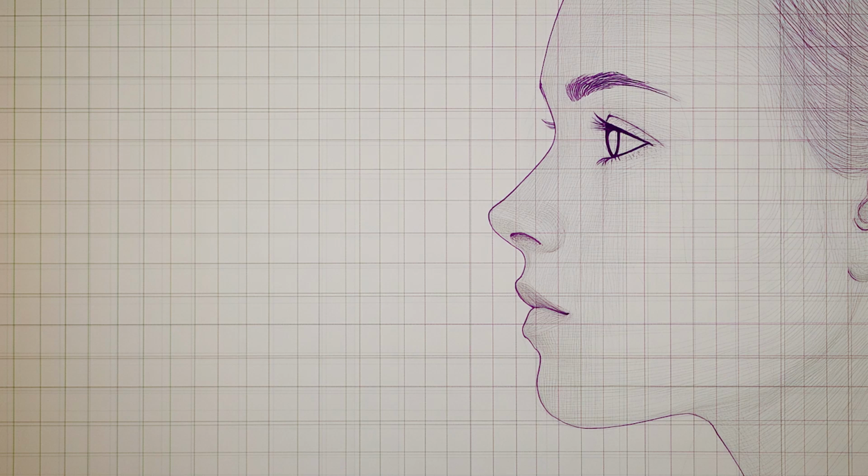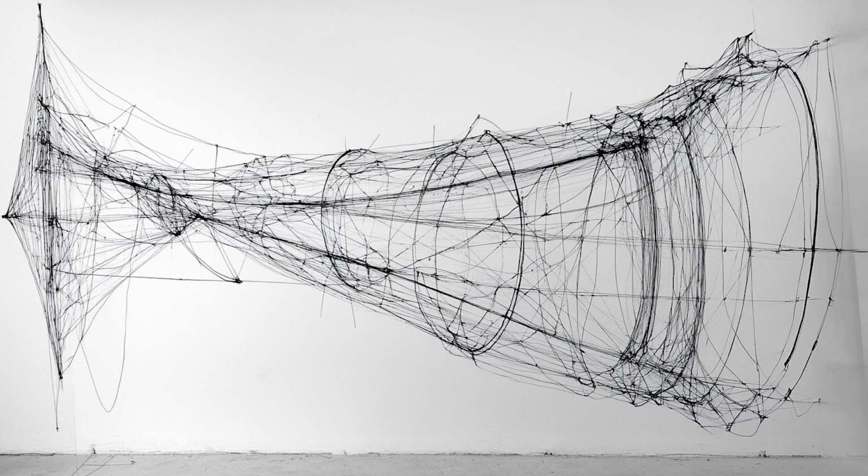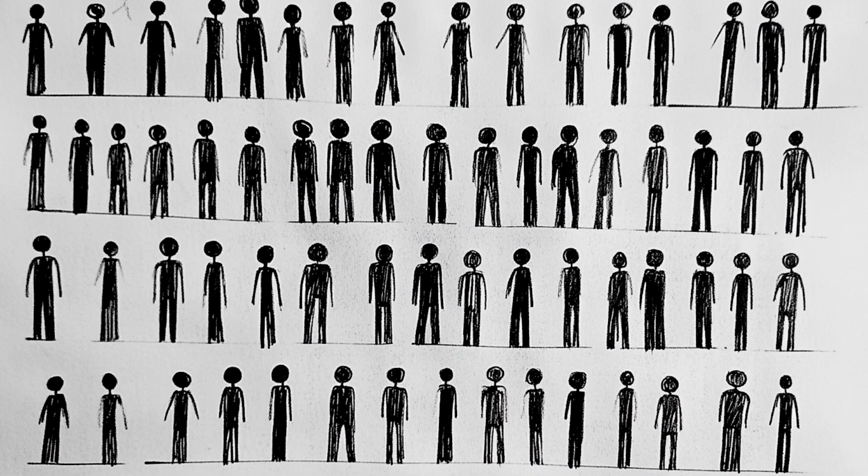The role of line in drawing. So why is line so powerful? Because it's foundational to everything we draw. Lines are essential for structure. Whether you're sketching a face, a figure, or a landscape, lines give you a framework to build upon. Think about how stick figures or simple grids help you map proportions.